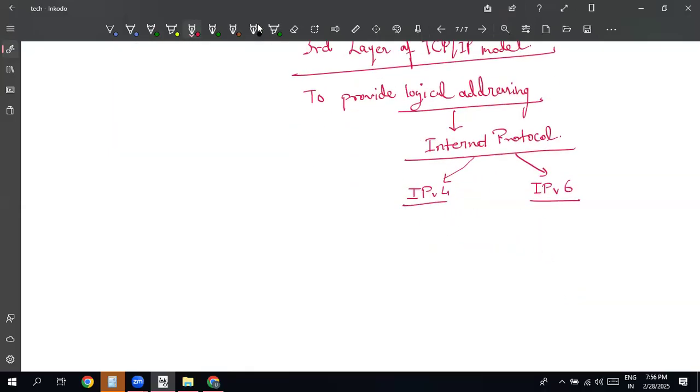Version 4 is written in 32 binary bits, whereas IP version 6 is represented in 128 bits. 32 bits means 2 raised to the power 32 possible combinations of the binary bits, which ultimately gives 4,294,967,296 possible IP values.